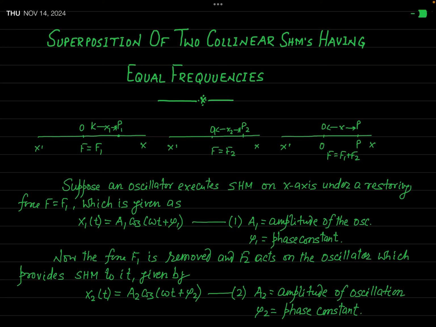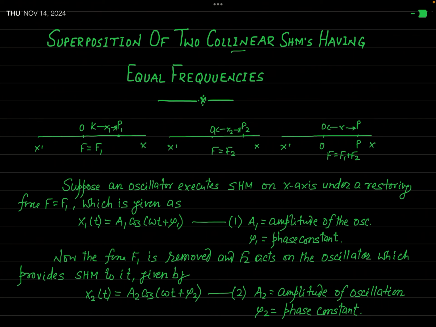And when you talk about the superposition of two simple harmonic oscillations, again there will be two cases. First of all, we will consider the superposition of two collinear simple harmonic oscillations.